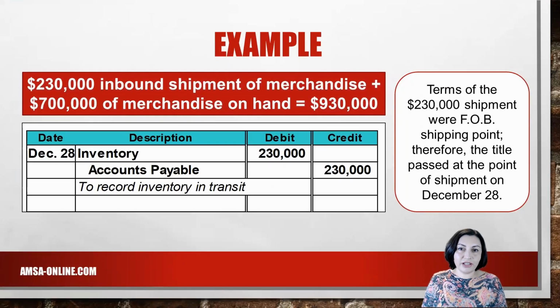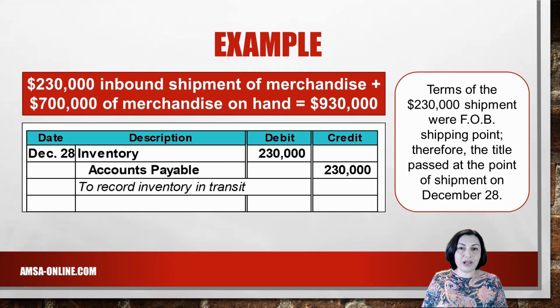The inventory at December 31st amounts to $930,000, computed by adding the $230,000 inbound shipment of merchandise to $700,000 of merchandise on hand. Terms of the $230,000 shipment were F.O.B. shipping point.